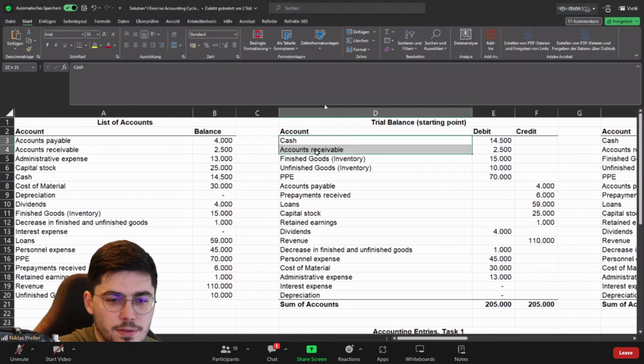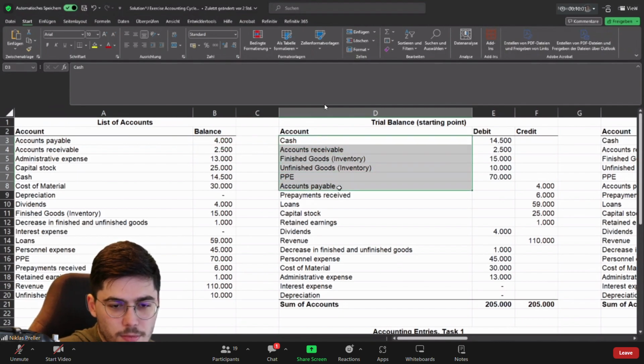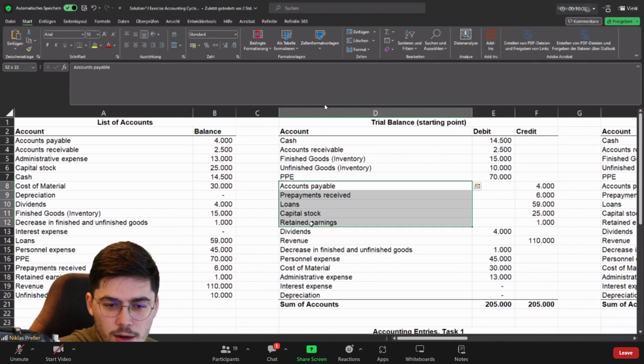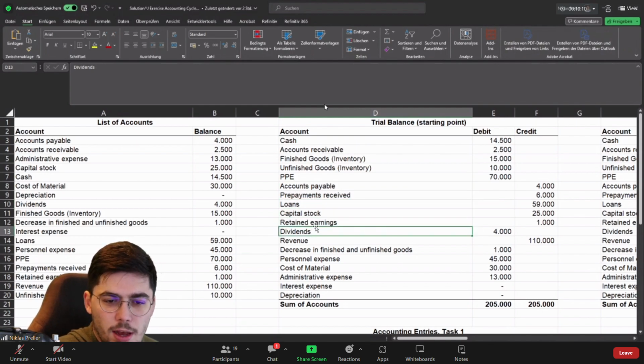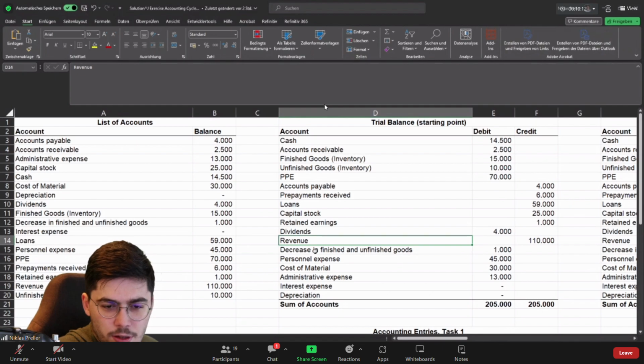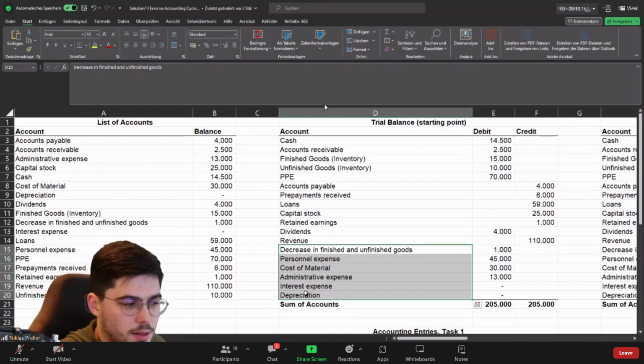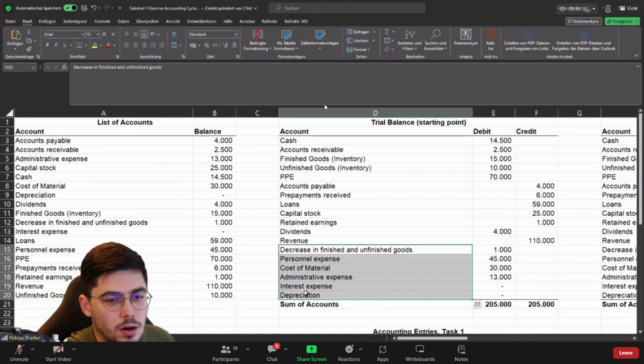So we have the asset accounts first, up to here. Then we have the liability accounts. Then we have dividends, then revenue, and then expense accounts. So this is the order of the accounts on the trial balance.